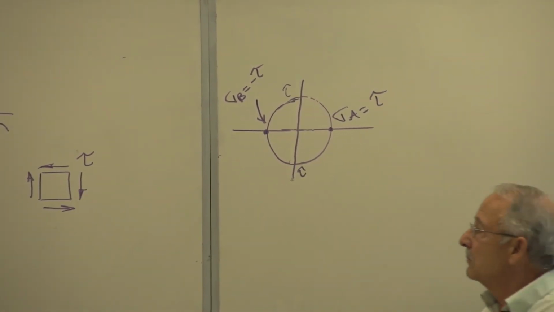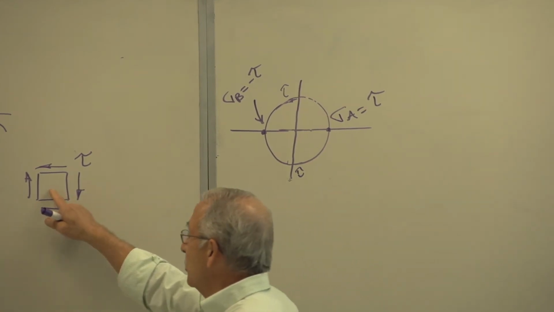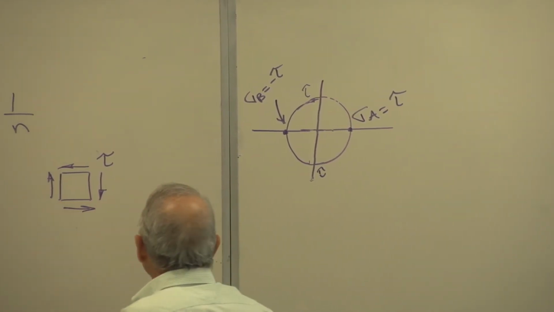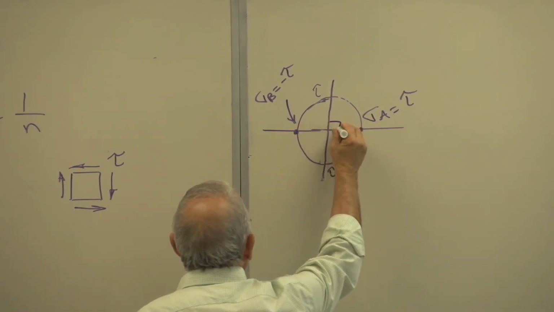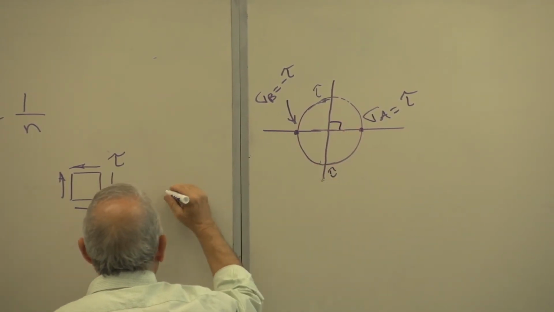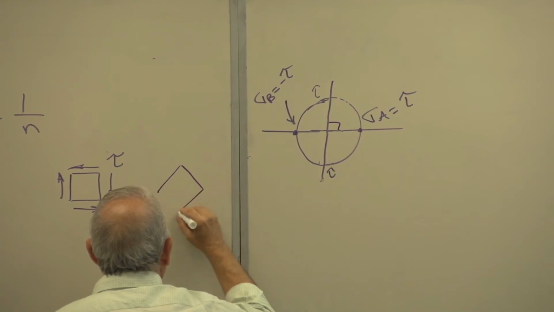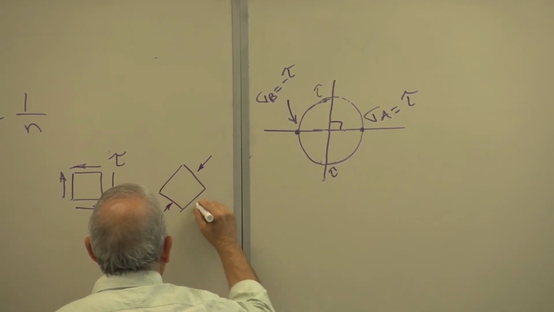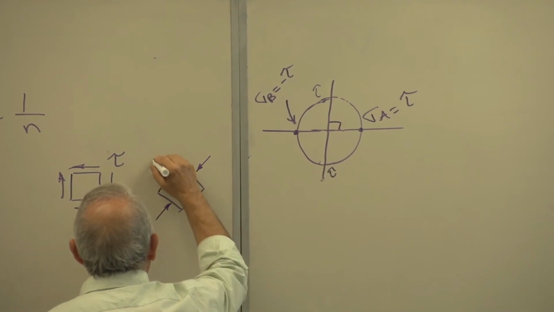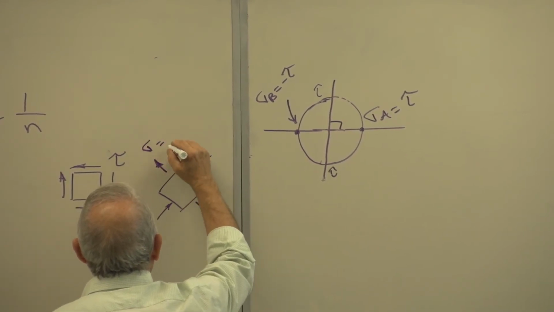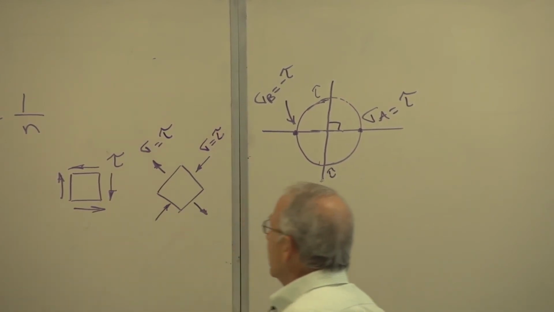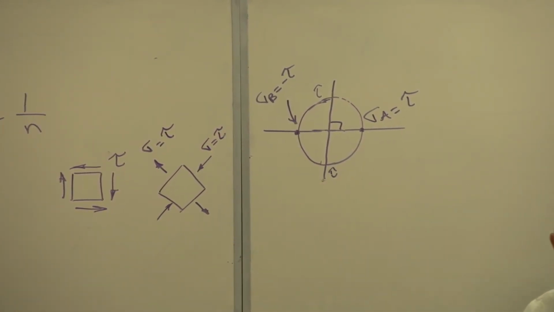Meaning that at this very point, I can represent the stresses like this, or as you can see, that's 90 degrees, transforms into 45 degrees here. So I'll get this. Correct?